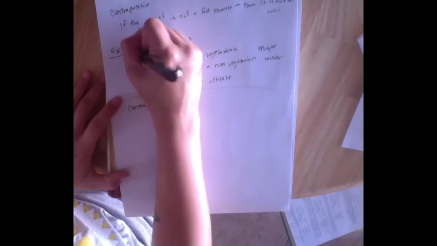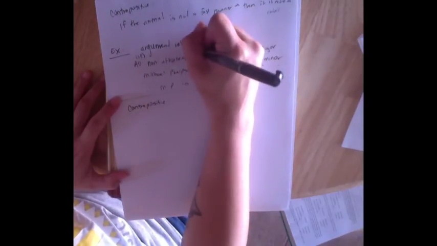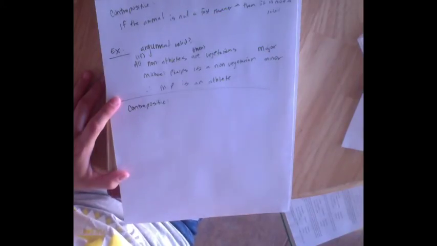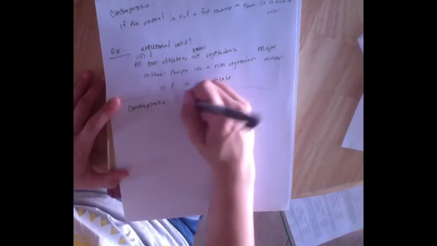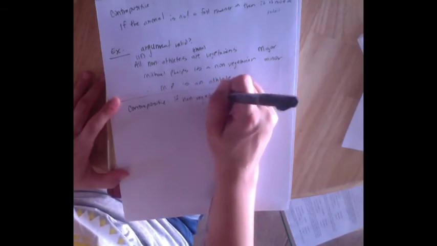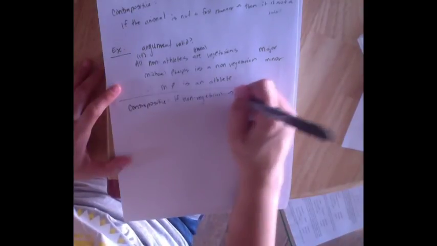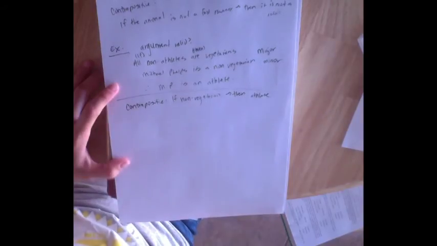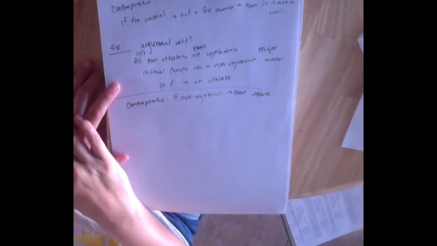We could exchange this "all" and this "are" for an if-then. If non-athlete, then vegetarian. So we can write the contrapositive: if non-vegetarian, so if carnivore, then athlete. Right?